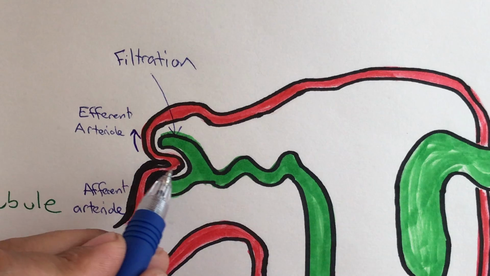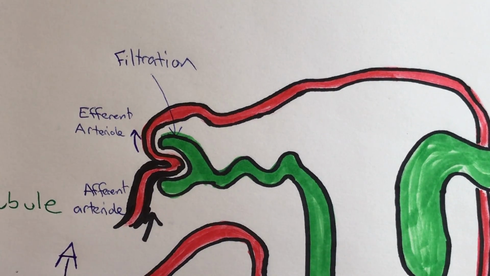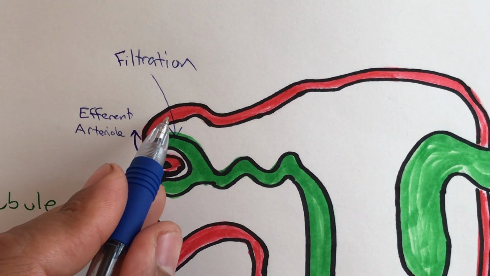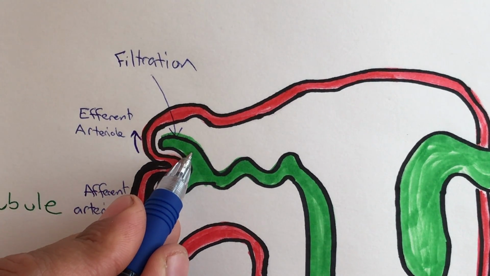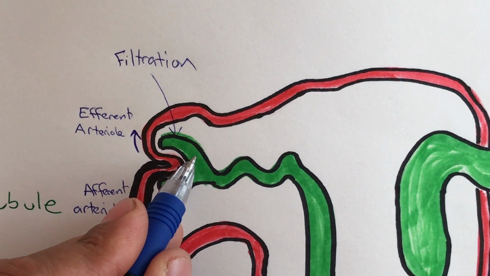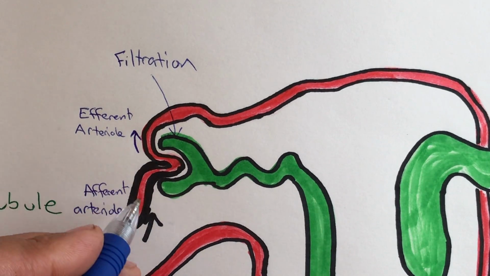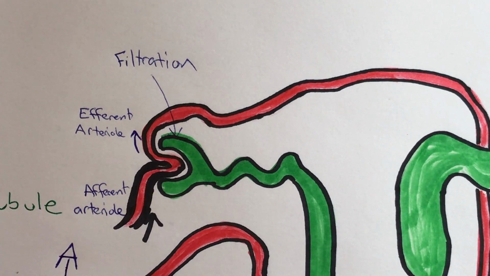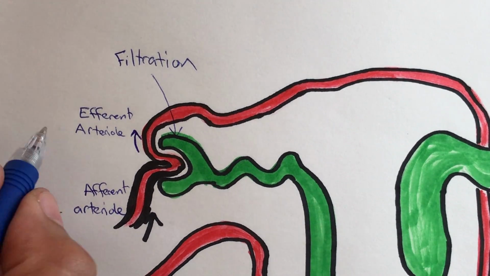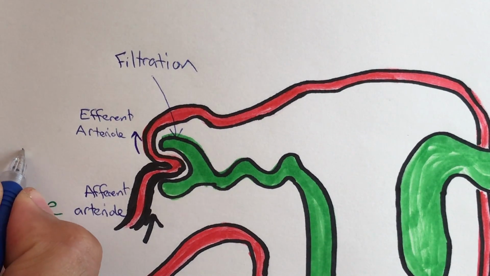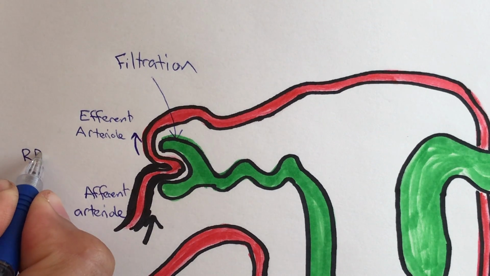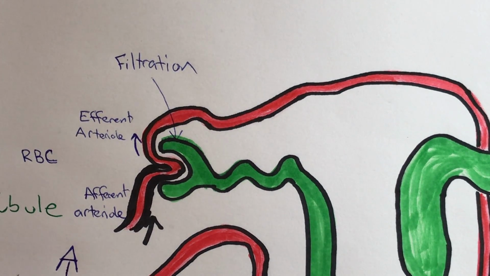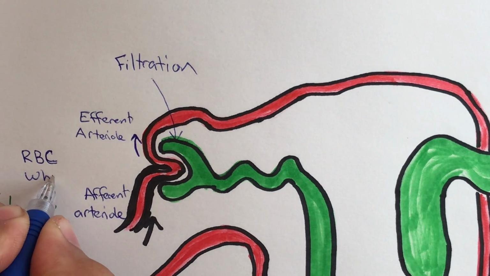What stuff gets through and what stuff doesn't filter through? You have to know what ends up here and what ends up inside our renal tubule. Well, it's the big stuff that doesn't get through. The little stuff gets through, the big stuff doesn't. What's large? Well, we have stuff like red blood cells. Those are very, very large. White blood cells.